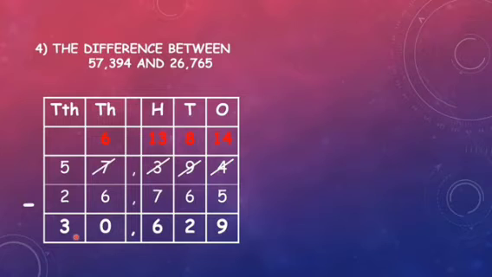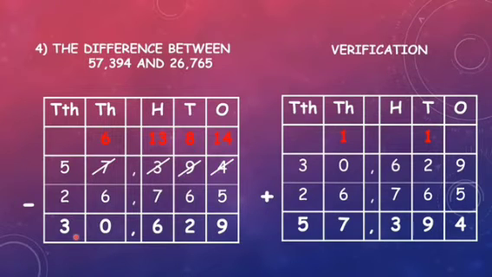Now for the verification, we need to add the difference and the subtrahend. I have arranged it in the place value chart. Now 9 plus 5 is 14.